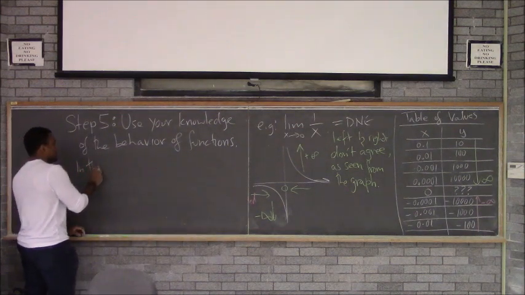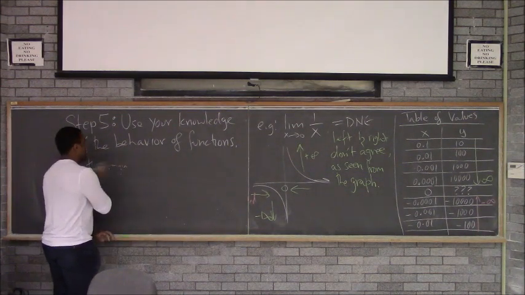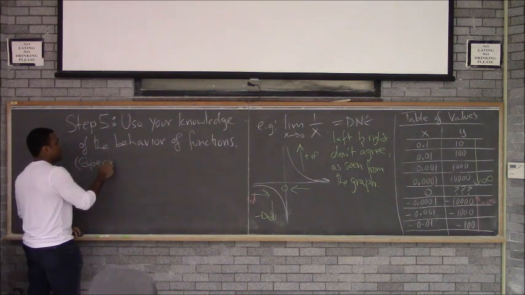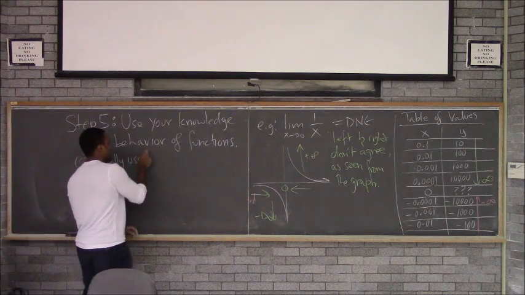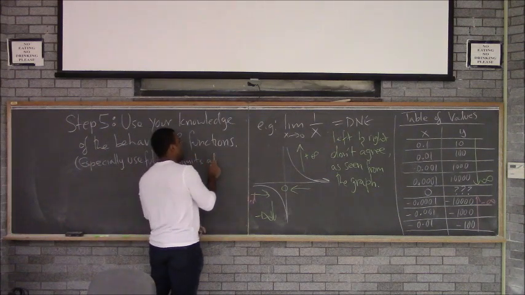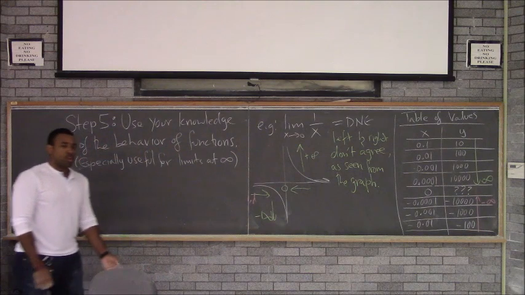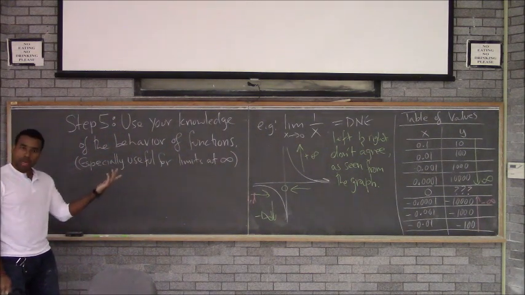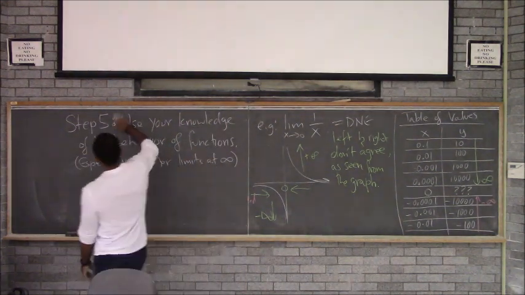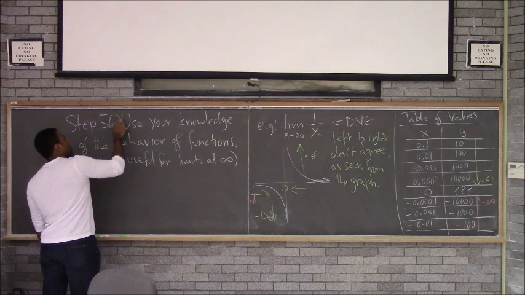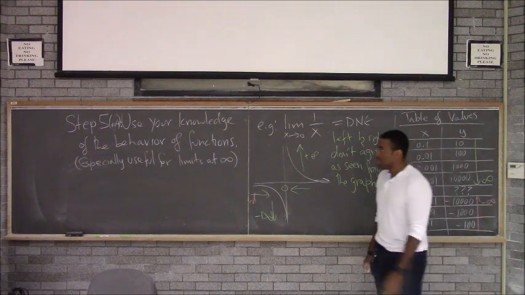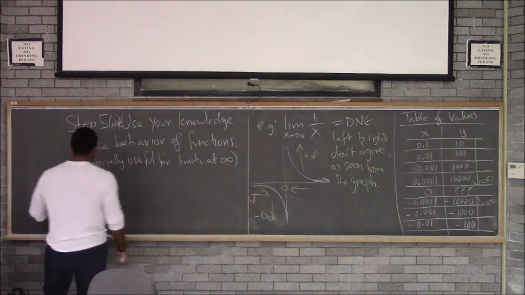Let me just mention here, this step 5 is especially useful for limits at infinity. So if you see you're approaching infinity, you might opt for this step as opposed to step 4. But again, like I said, it's kind of a toss-up. Step 4 and 5, really interchangeable here. At that point, just kind of flip a coin and try to do one or the other.